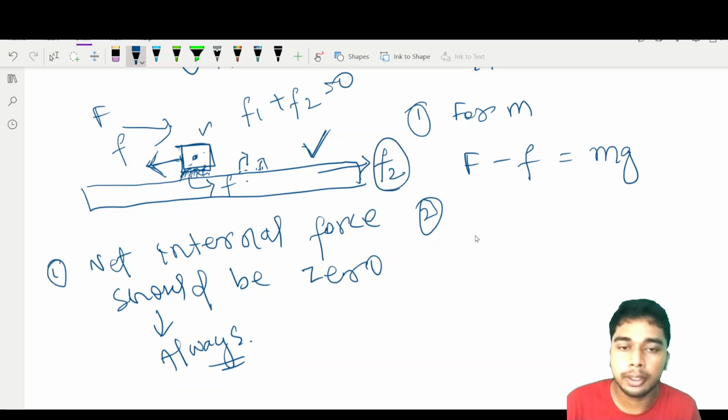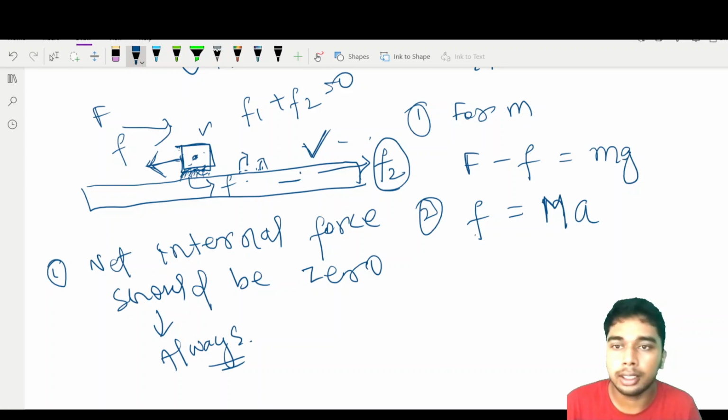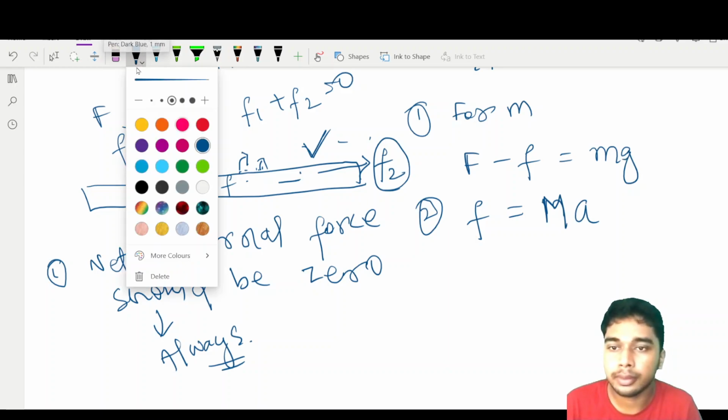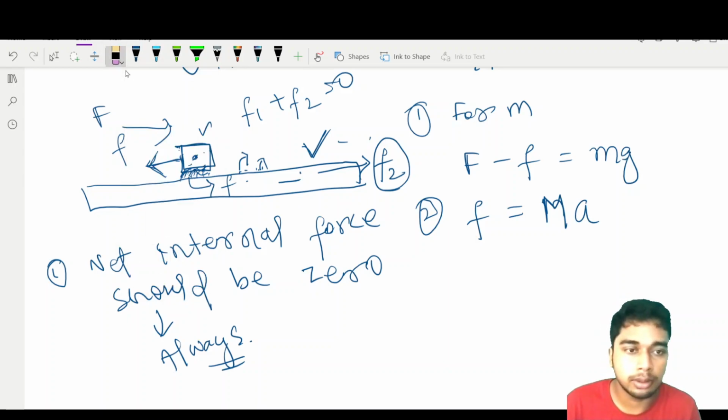So the frictional force for this plank will be forward. So I can write the frictional force f is equal to capital M, and this should be, I wrote it wrong. I'm considering this is A1 and this is A2.